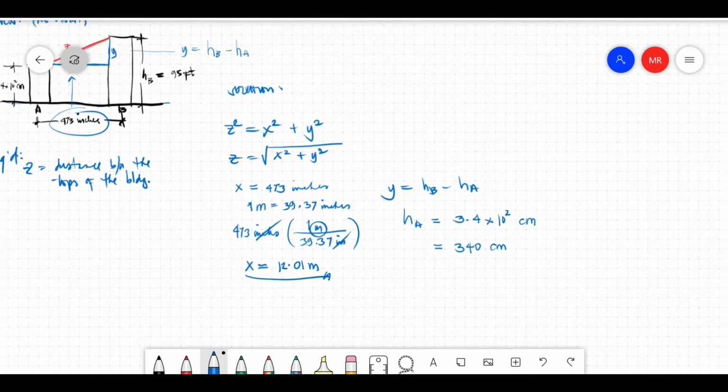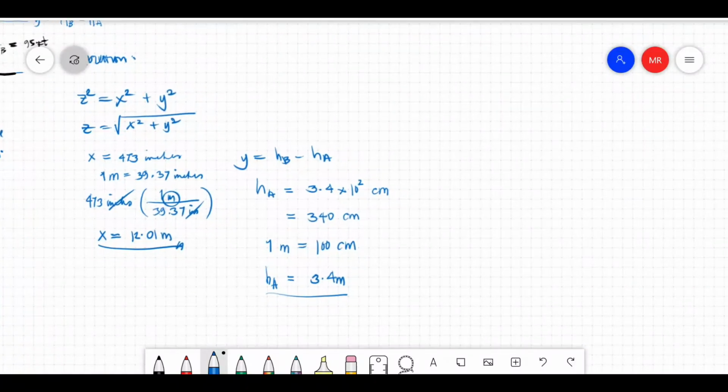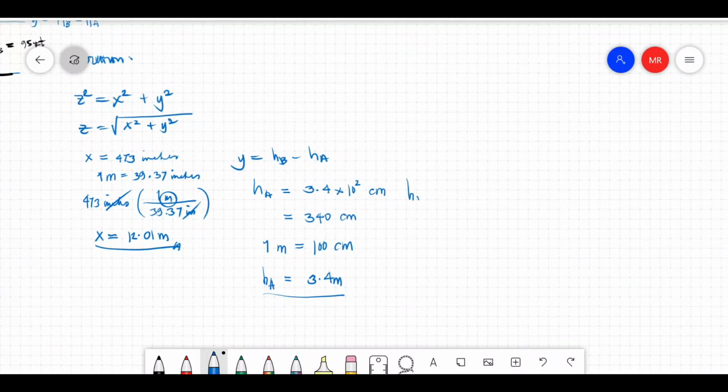We all know that 1 meter is equal to 100 centimeters. Therefore, in meters, HA is equal to 3.4 meters.